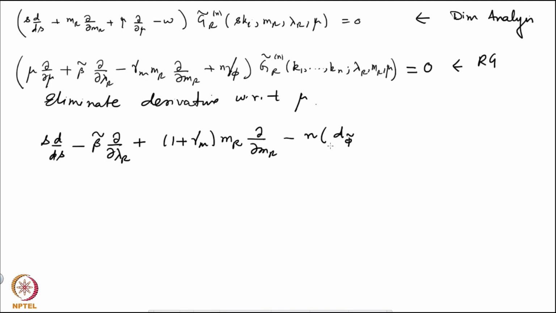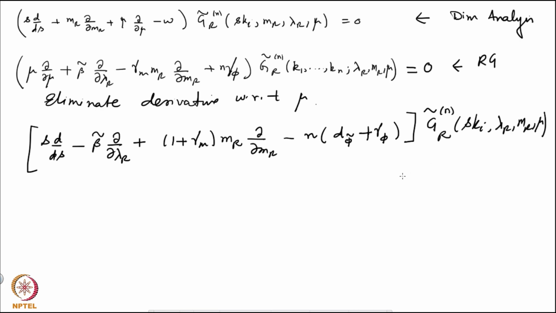Okay, instead of omega I am writing n d phi tilde, because that is what omega was, plus gamma phi. Okay, this is what you get when you eliminate mu.